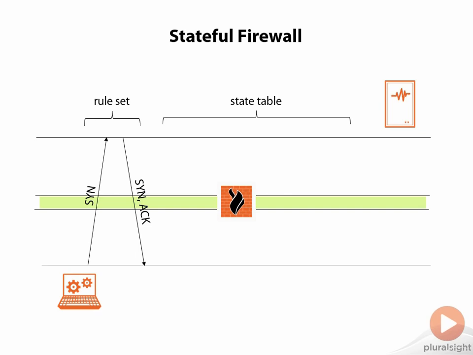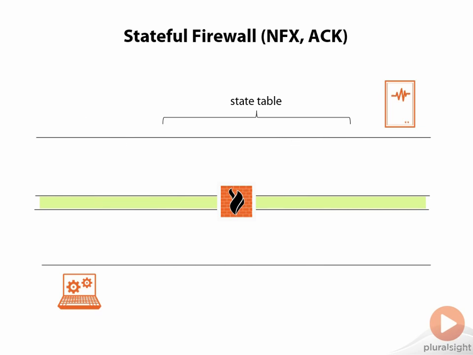The state table is basically a list of approved and established sockets. Subsequent packets that arrive using the same socket are passed through the firewall based on the contents of the state table alone. The advantage of a stateful firewall is that looking up sockets is far faster than looking through the rule set.